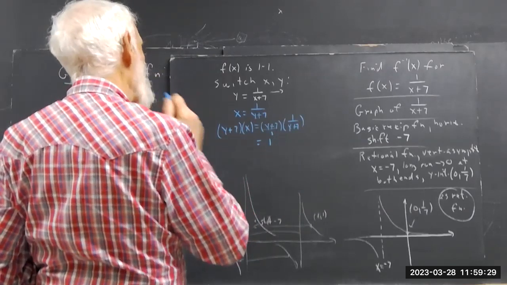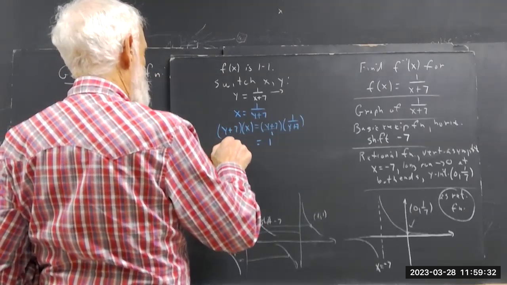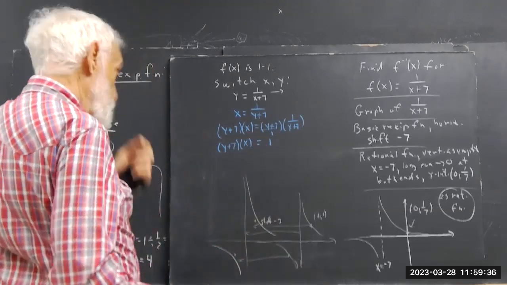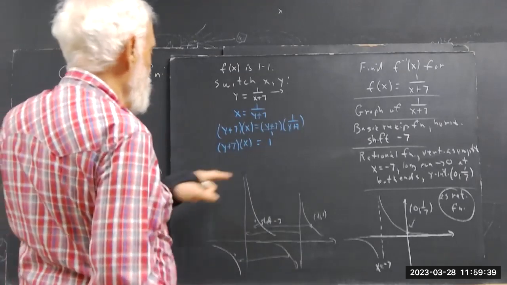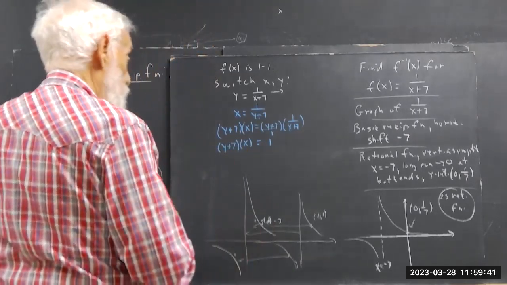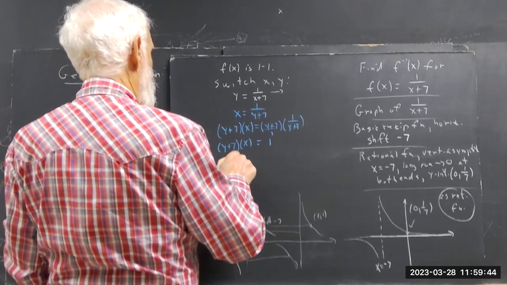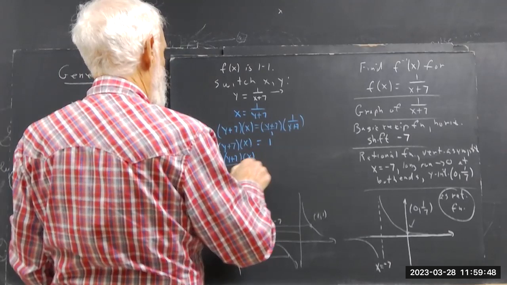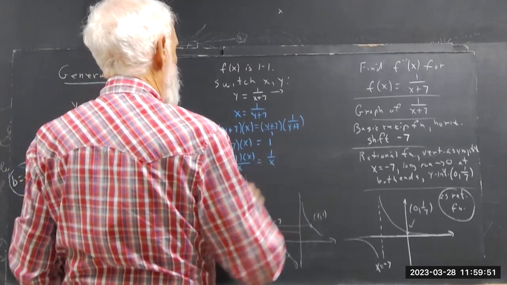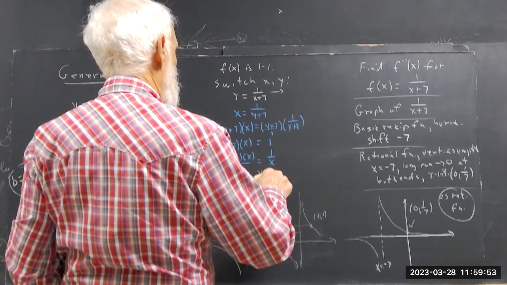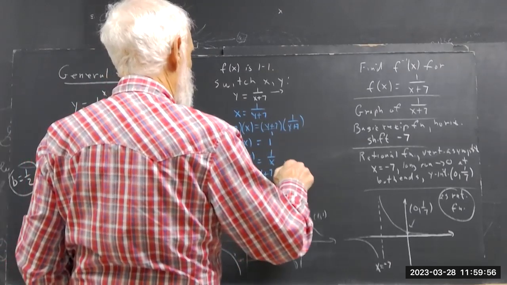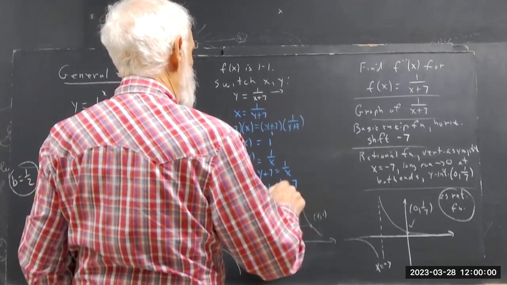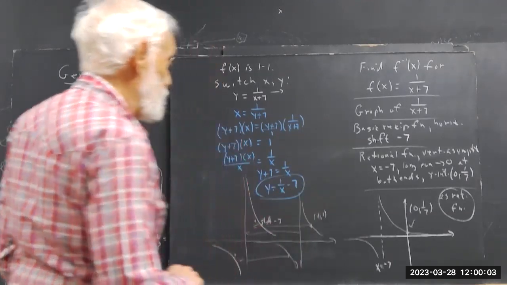So we get (y+7) times x equals 1. We don't want x over here with y, so we're going to divide both sides by x. Which gives us y plus 7 equals 1/x. So that y equals 1/x minus 7.